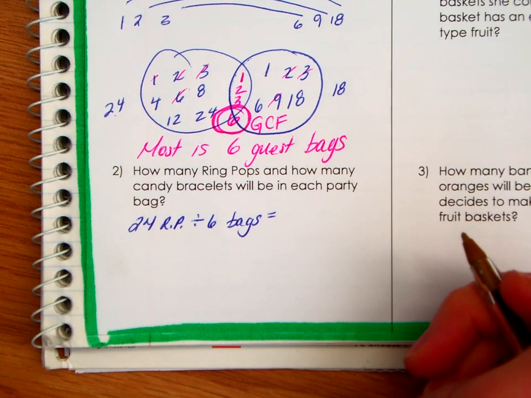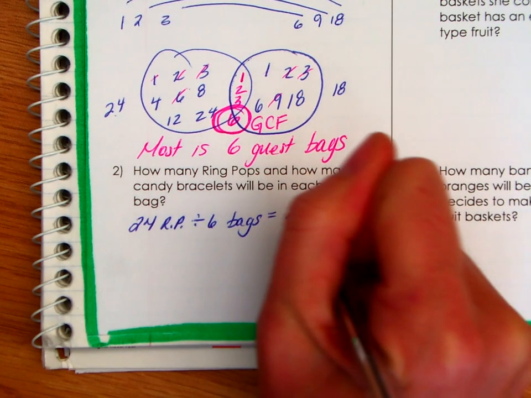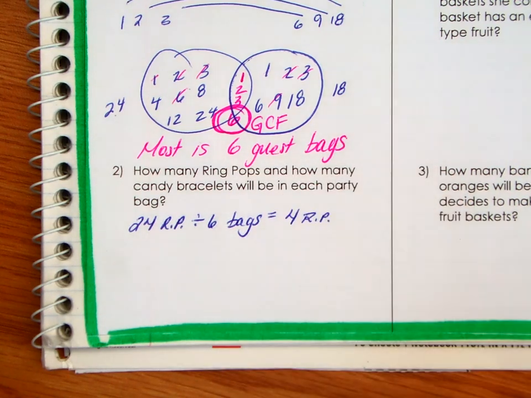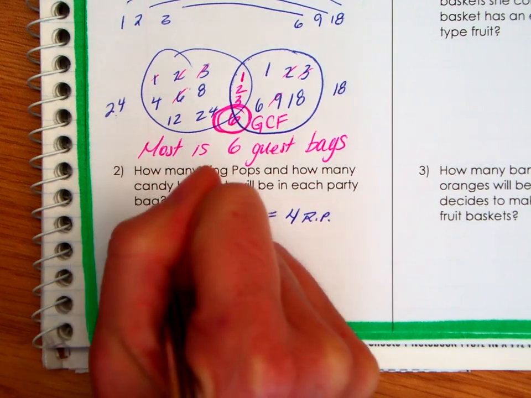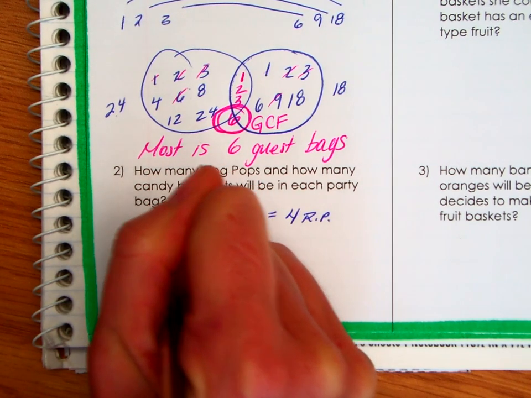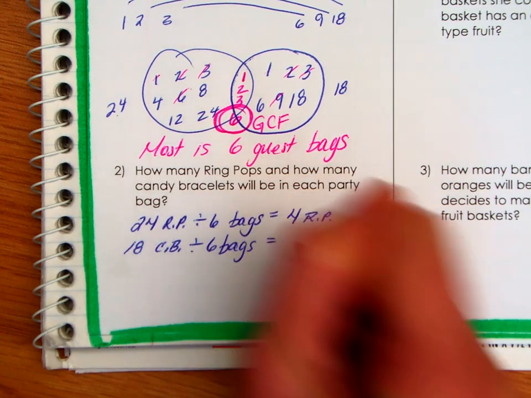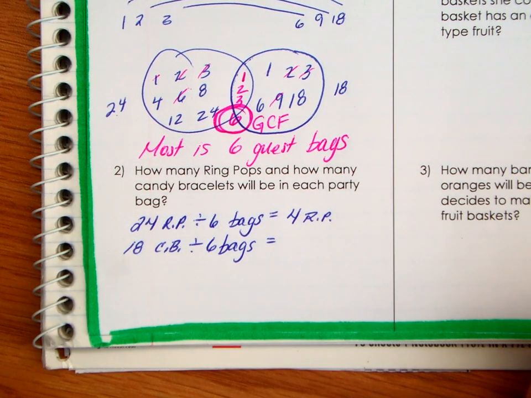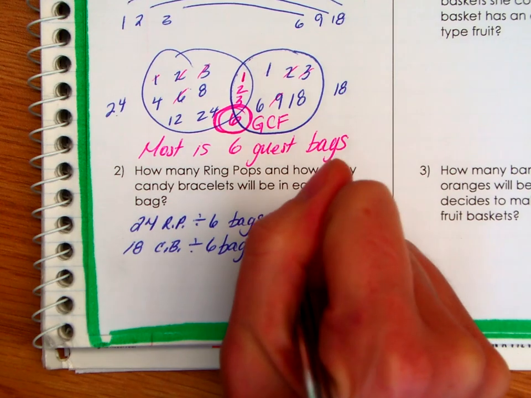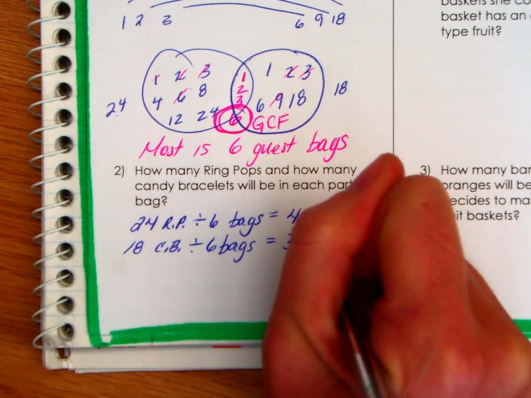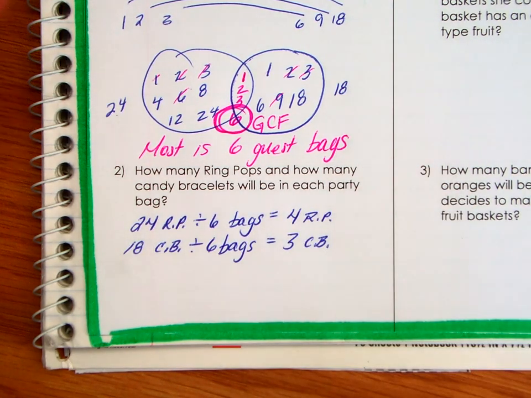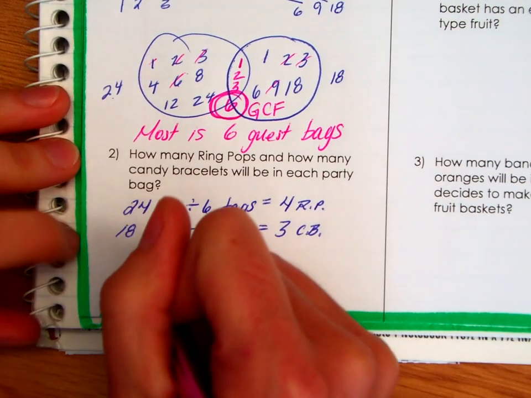If you said 4, I think I'm going to agree with you. 4 ring pops. And then we also have the 18 candy bracelets divided by 6 bags. How many are going to go in each bag? 3? 3 candy bracelets.